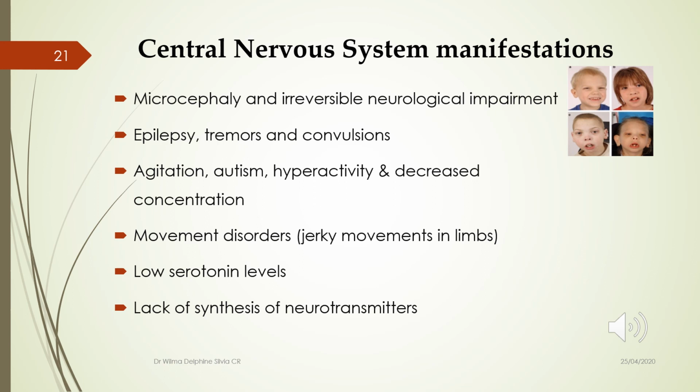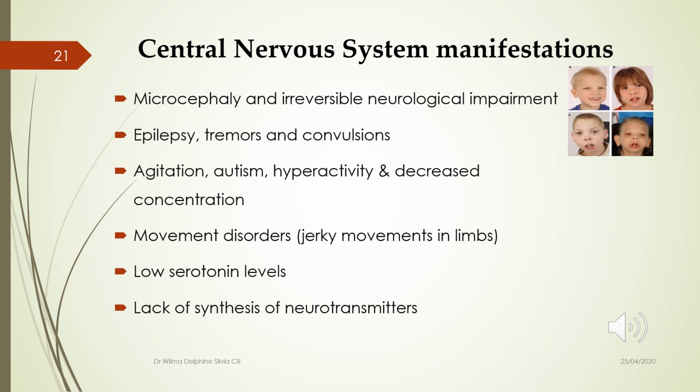Since tetrahydrobiopterin is also required for tryptophan catabolism, we can find low serotonin levels. There is also a lack of synthesis of neurotransmitters due to the deficiency of tyrosine, because tyrosine is synthesized from phenylalanine.